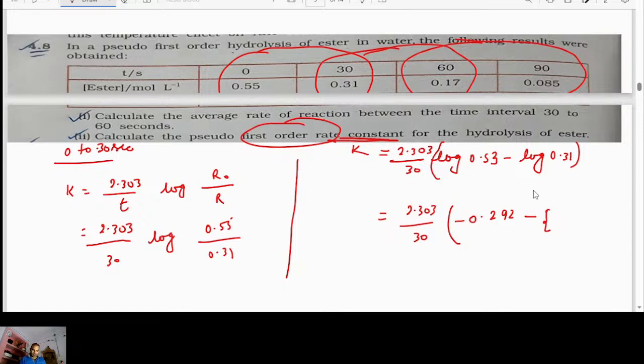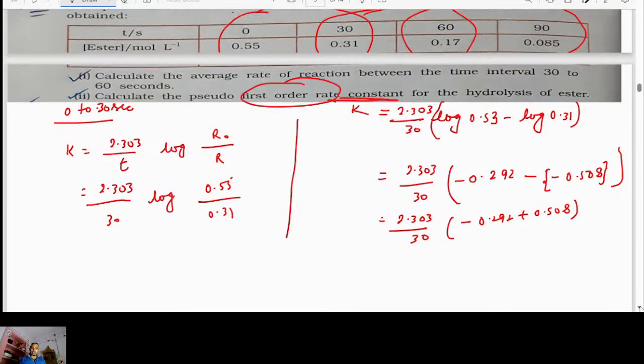So 0.31 if you are calculating, student, again it is coming minus 0.508. Student, how can you solve this? Let us see. So it is 2.303 upon 30, this is negative 0.292 minus minus, plus 0.508. Now solve it, student, and check the answers.